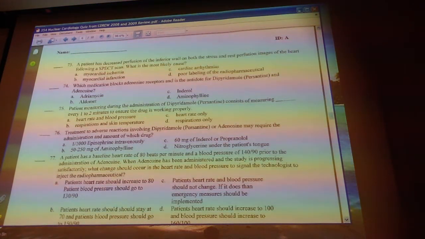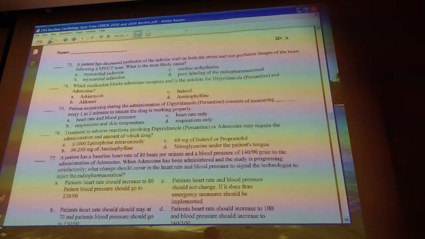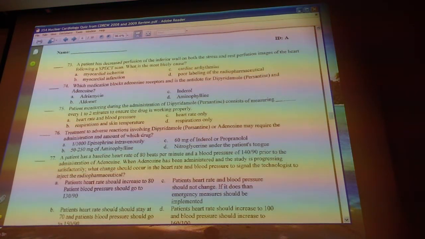Okay. I also have a question up here about recognizing patterns. Now, in the test that I'm going to give you, I'm going to try to get regular images and include those. So you're going to get a question that's not only going to ask you, say there's a perfusion defect on the inferior wall of both the stress and rest images, so that means the patient has what? Okay, it's an infarction, a myocardial infarction.